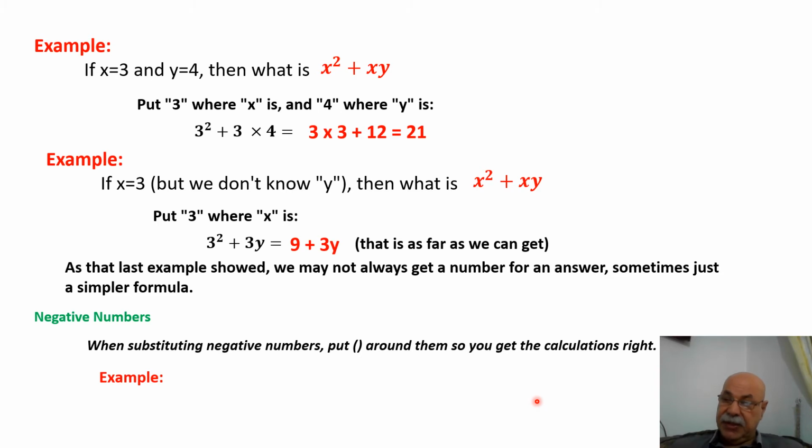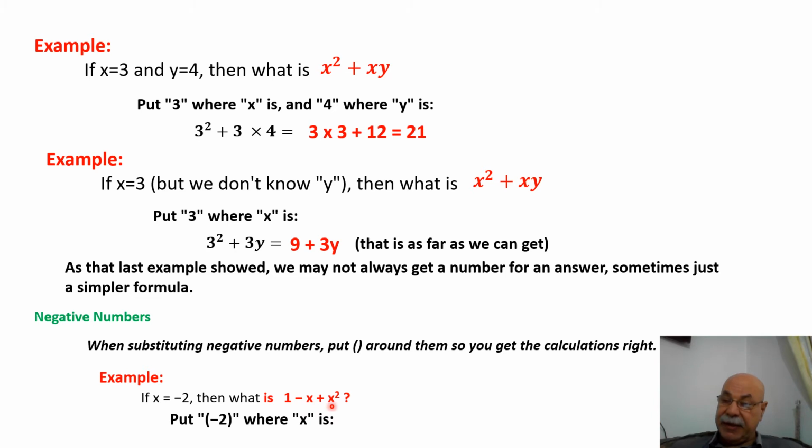You see this example: if x equals minus 2, then what is 1 plus minus x plus x squared? Here they said x equals minus 2, so I replace every x in this equation.